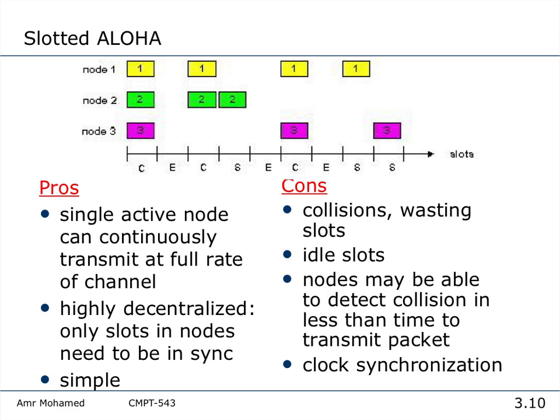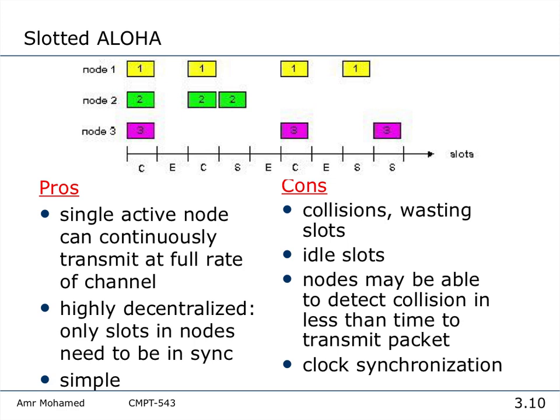Nodes may be able to detect collision in less than the time of the transmitted packet. As we said before, when a node transmits a packet, it may actually sense the carrier at the same time while it's transmitting.